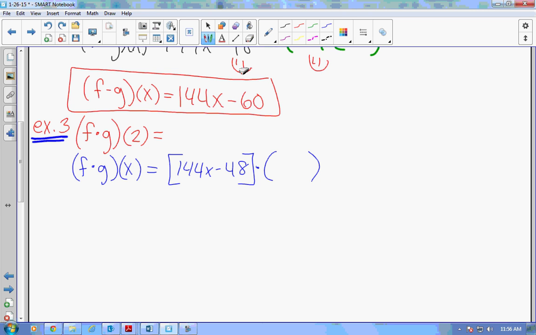Okay? What is g? 12. Great. Can you give me a motion of some form that tells me how I multiply these? How would I multiply these? What's that property? Distributive property.